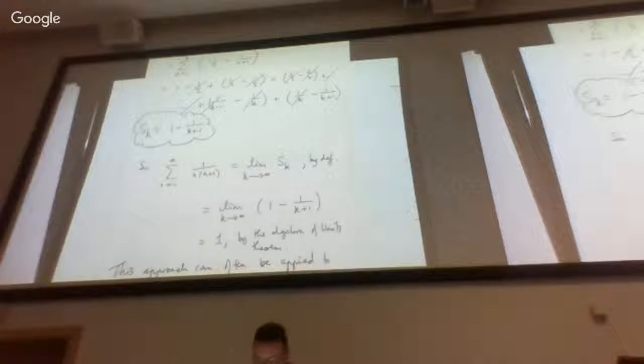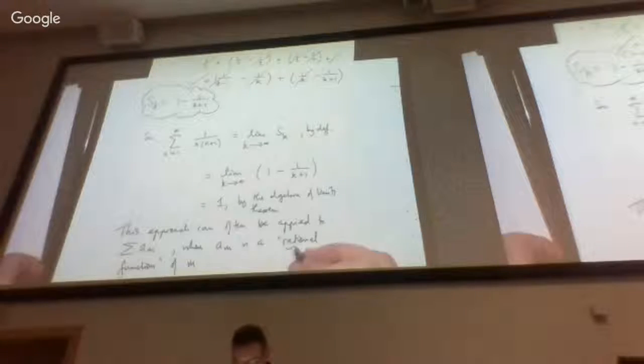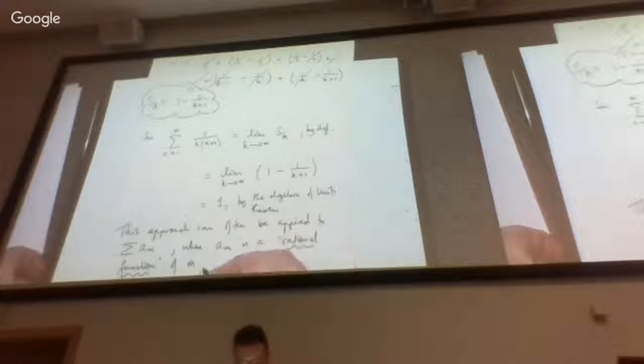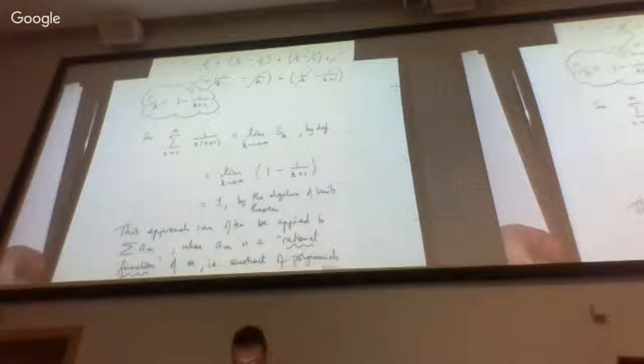And what is a rational function of m? A rational function of n is a quotient of polynomials. So one polynomial divided by another one. Quotient of polynomials in the variable n.